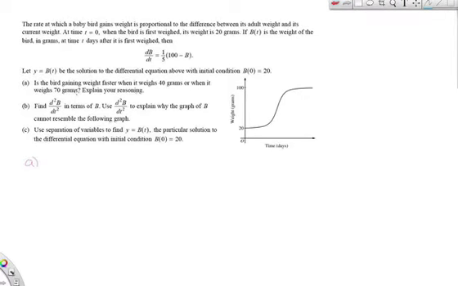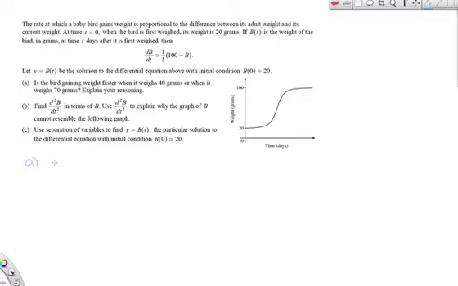They have to talk about it in terms of the independent variable they've given me, which is weight. So when he weighs 40 grams, is it changing faster than when he weighs 70 grams? Basically all we're going to do is just plug it in and see what we get.